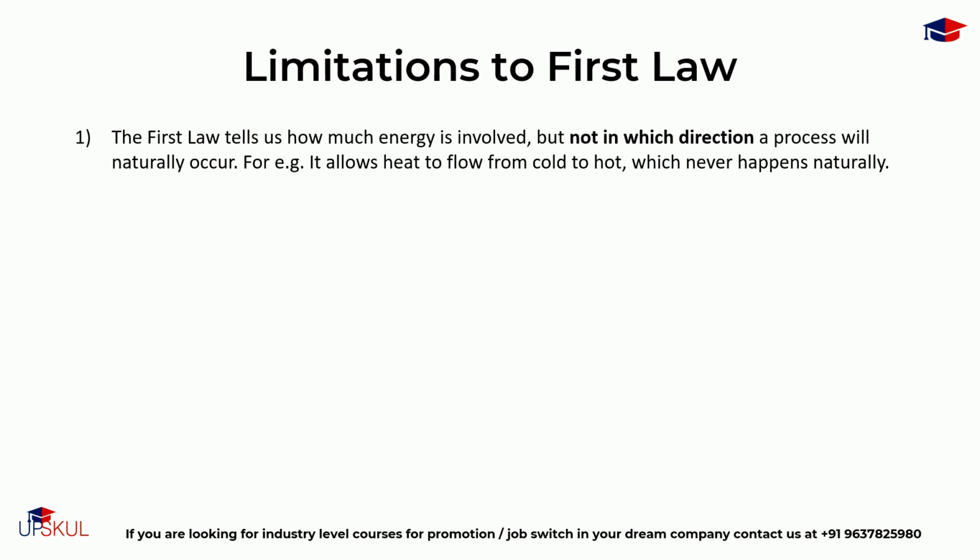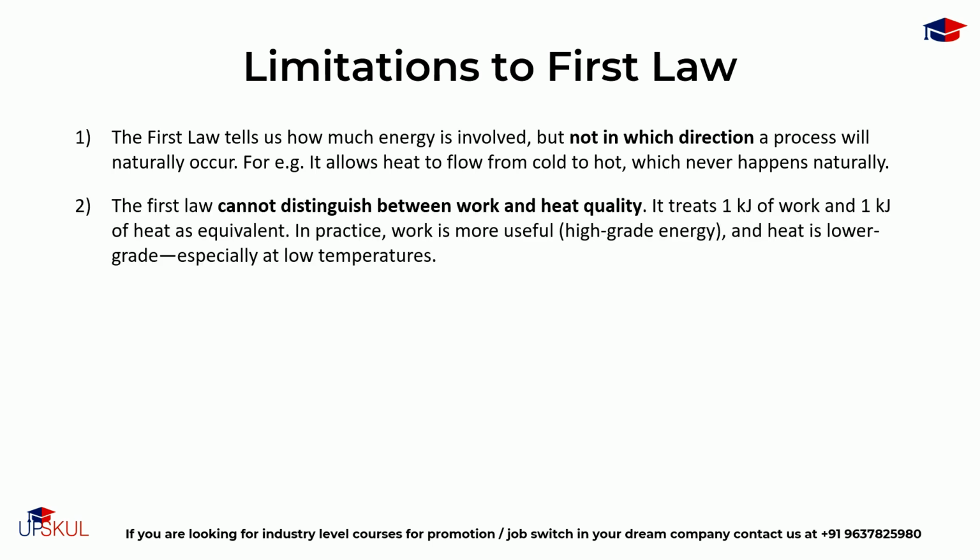Next, the first law cannot distinguish between work and heat quality. So it treats 1 kg of work and 1 kg of heat as equivalent, but in actual practice, work is more useful. That is, it is a high grade energy, while heat is a low grade energy, especially at lower temperatures.